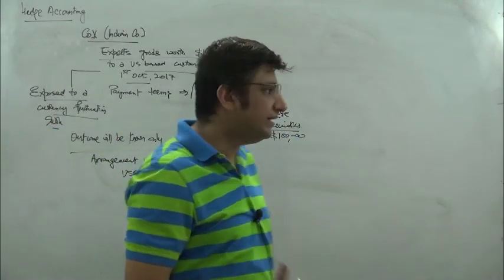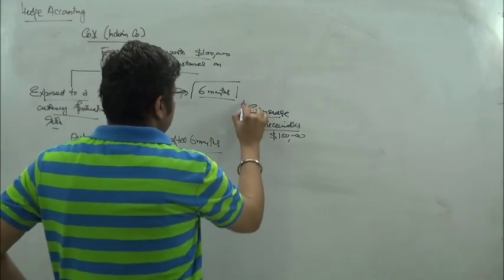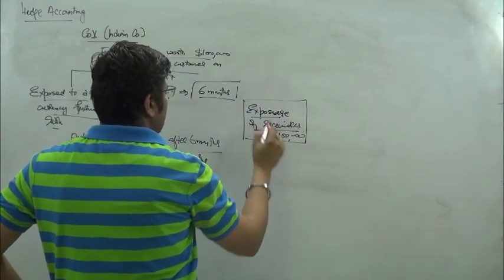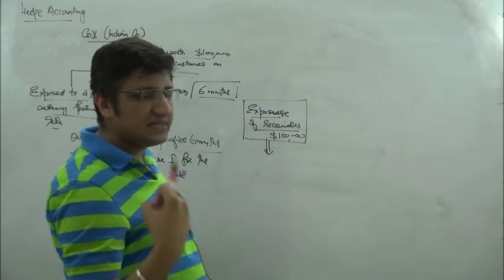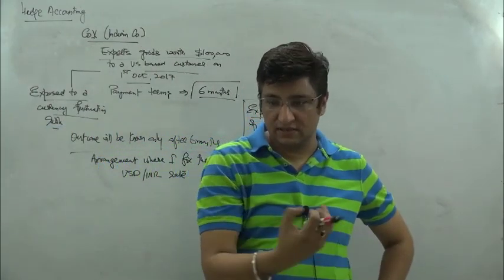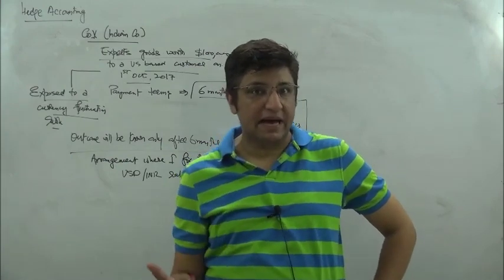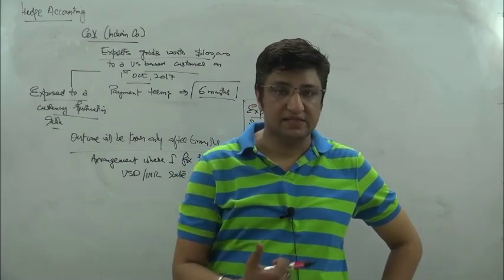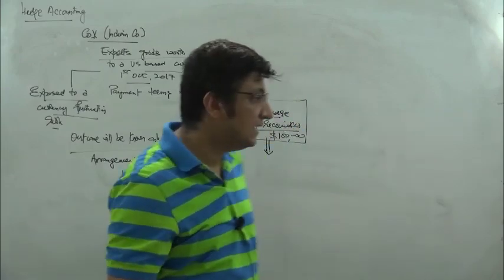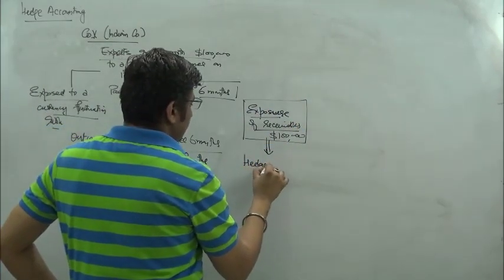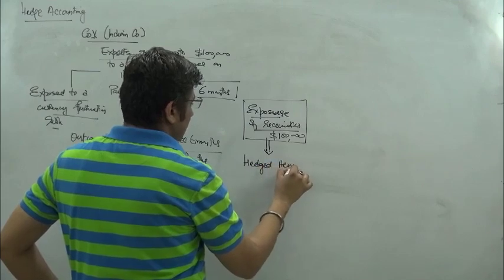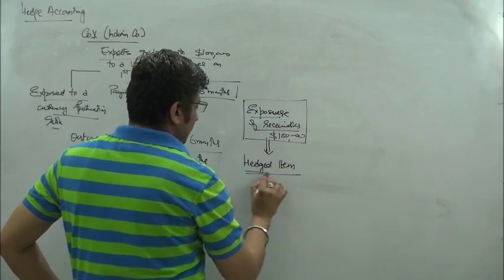Right? So when I talk about this exposure of receivables, I refer to this as the item that is exposed to risk, the element in my balance sheet, for example, in this case, that is exposed to risk, and I name it as the item which needs to be protected, or hedged item.